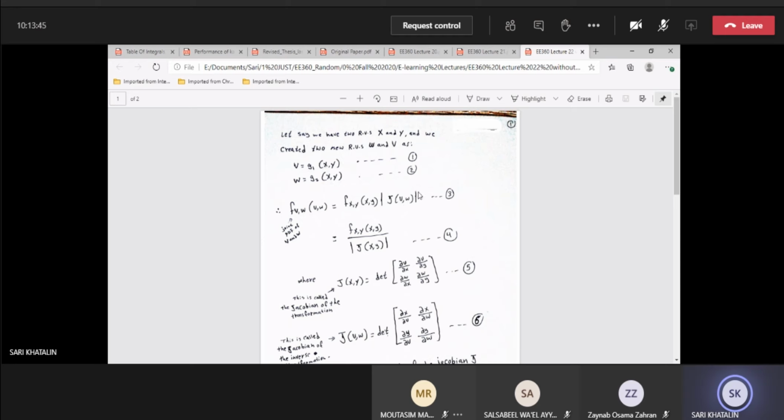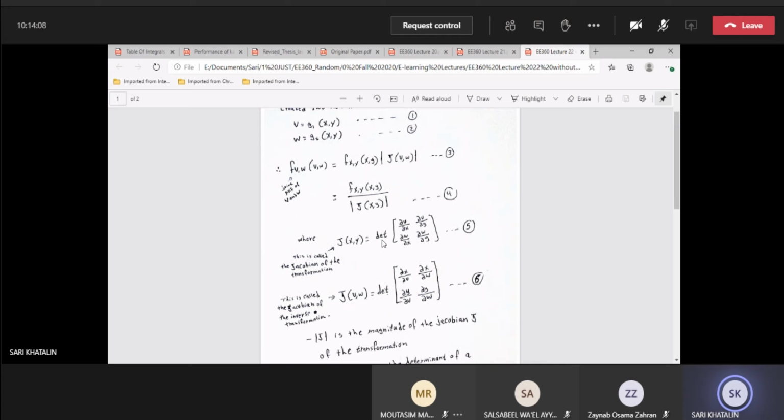Or you can take the joint PDF of x and y, which of course will have to be given to you, or you need to find it if it's not there, as we learned how to find the joint PDF, and you divide it by the Jacobian of the transformation. Now, what's the Jacobian of the transformation?